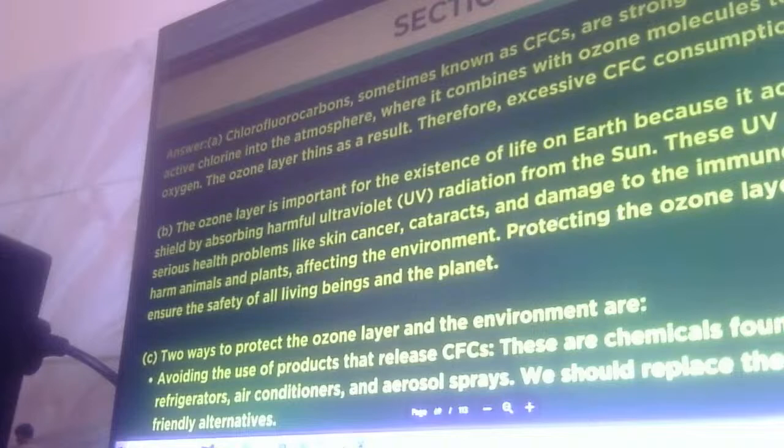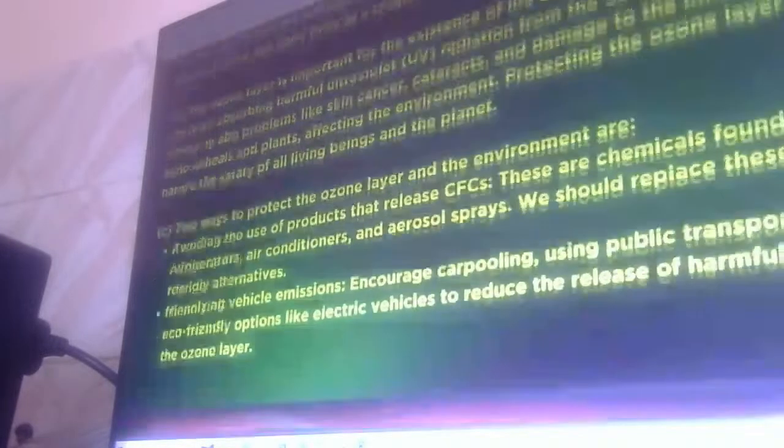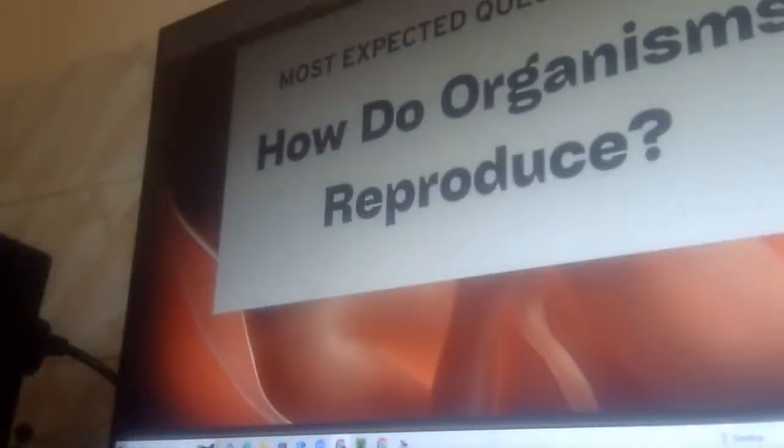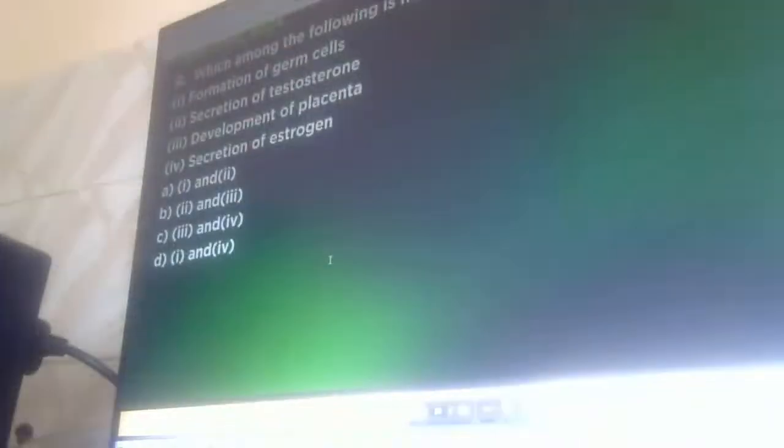Effects: cancer, cataract, immune system damage. Solutions: CFC production reduced, vehicle emissions reduced.